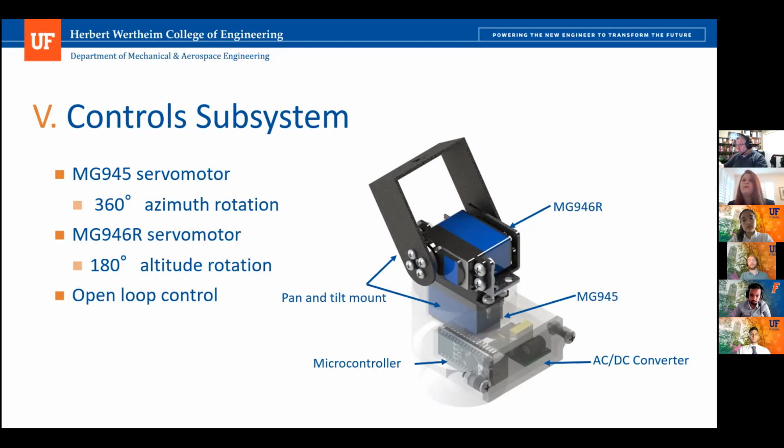The next component is the MG946R servo motor. This servo has 360 degrees of travel and also uses an internal closed feedback loop. The case is also made of ABS plastic and completely sealed. The stall current of this servo is 1.1 amps at 6 volts.